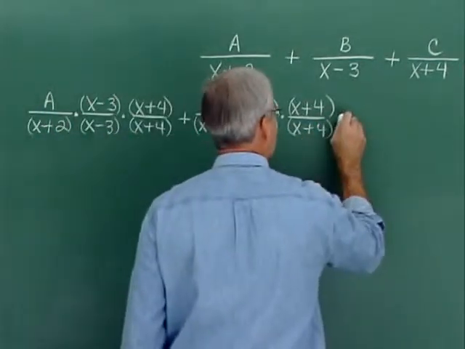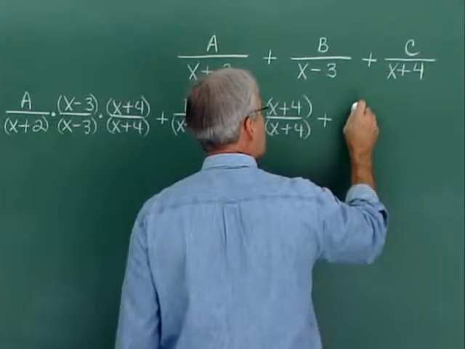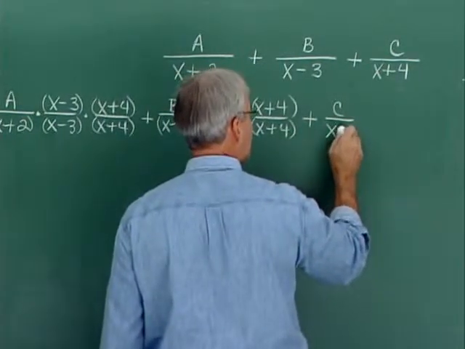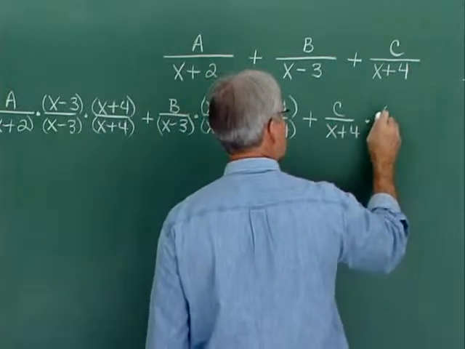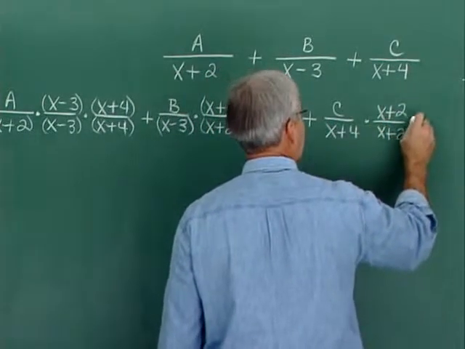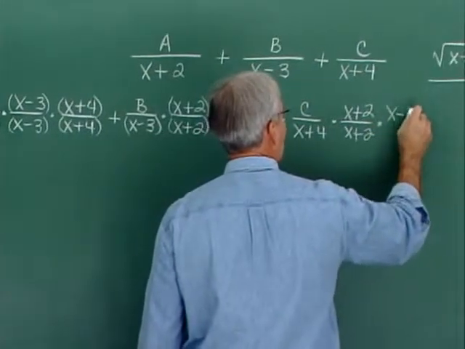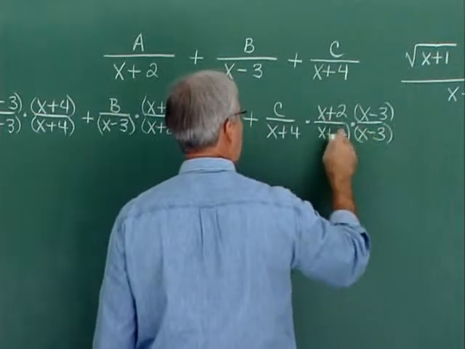And then this fraction, plus, is missing the other two denominators, so we multiply them in. X plus 2 over x plus 2 and x minus 3 over x minus 3. Parentheses everywhere.